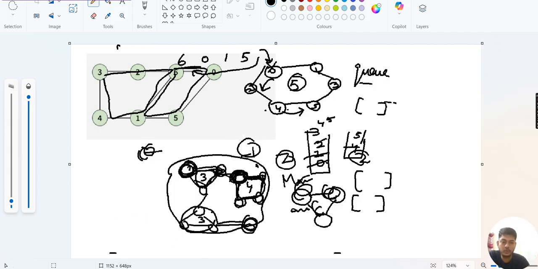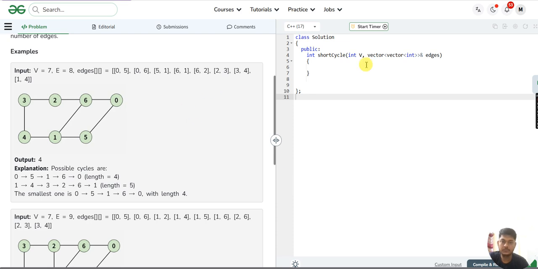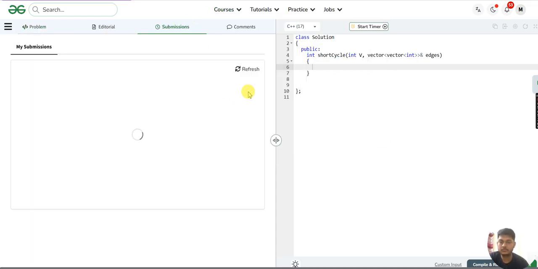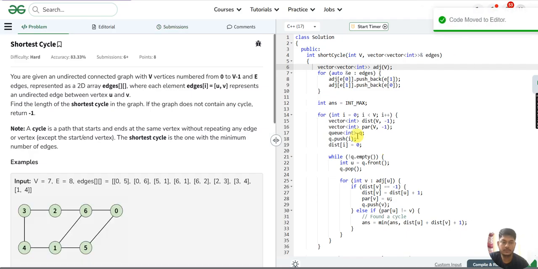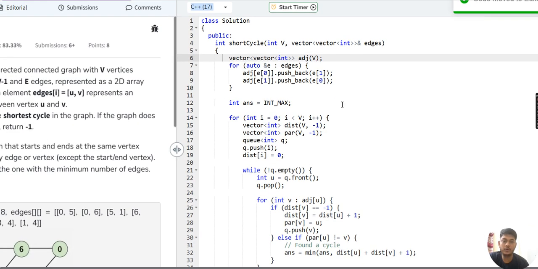So let me go to the coding part. We can see that this is the overall code.